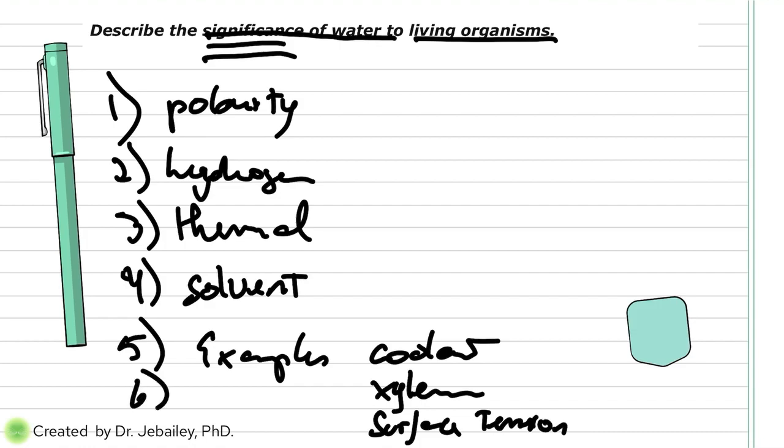And six, draw the water molecule. If you nail these points, you're definitely going to hit the entire mark scheme. So if you have this as an outline in your head: polarity, hydrogen bonds, thermal, solvent, examples such as coolant, xylem, surface tension, and draw the water molecule, I guarantee you will get the points.